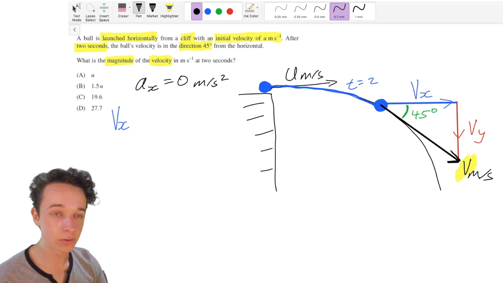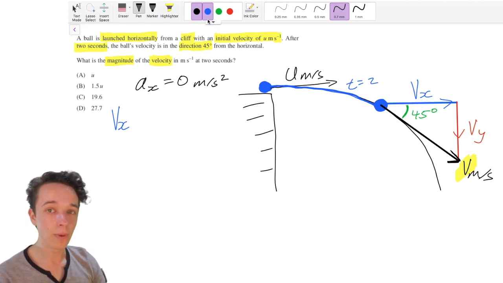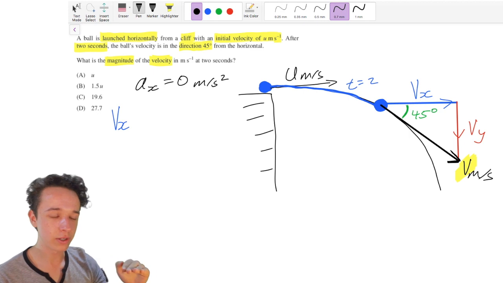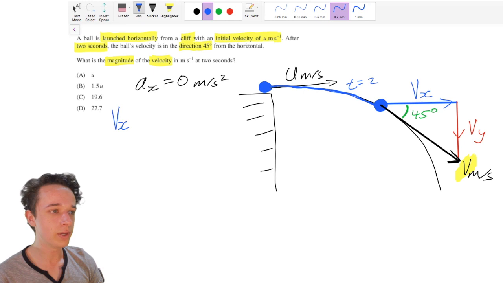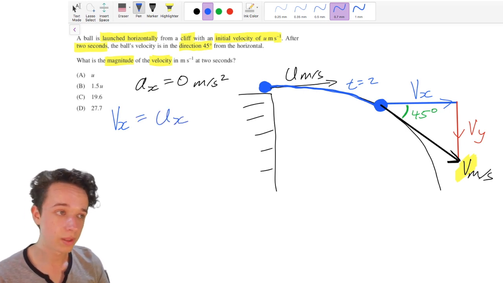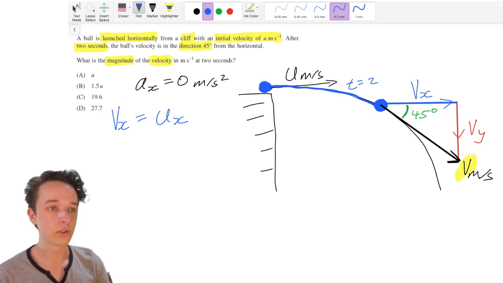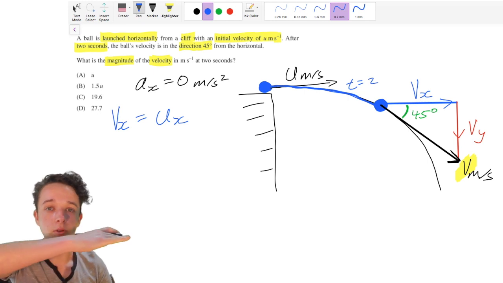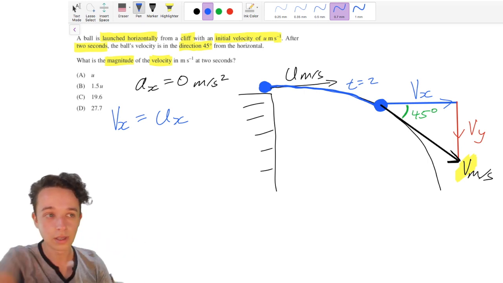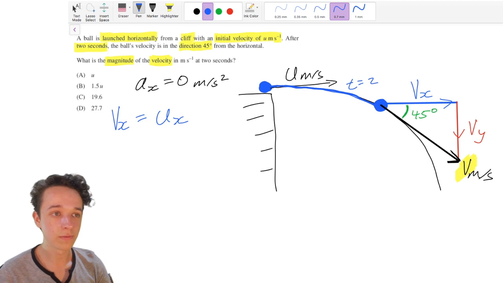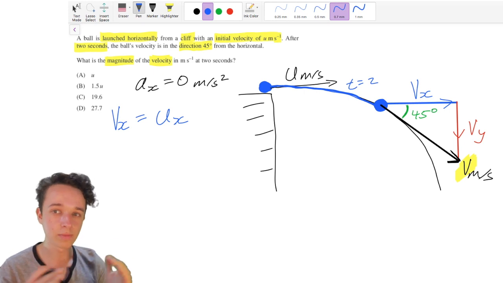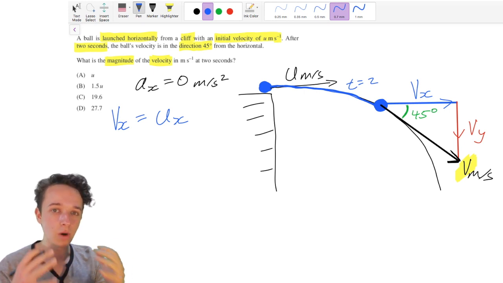Now if ax is equal to 0, that means that ux, the initial velocity in the x direction, is equal to Vx, the final velocity in the x direction. So Vx is equal to ux. Now what is ux? Let's look at the initial velocity. Because the ball is launched off a cliff horizontally, this vector is entirely in the x component. There is no initial velocity in the y component.